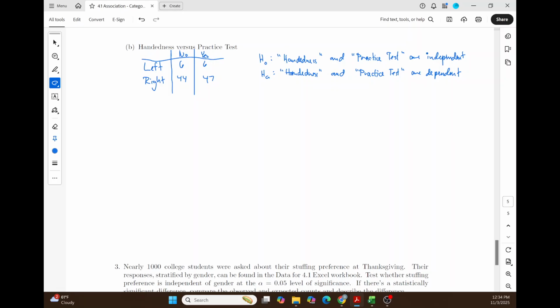We ran the test and got a p-value of 0.9145. So our decision: 0.9145 is not less than 0.05, so do not reject H null.